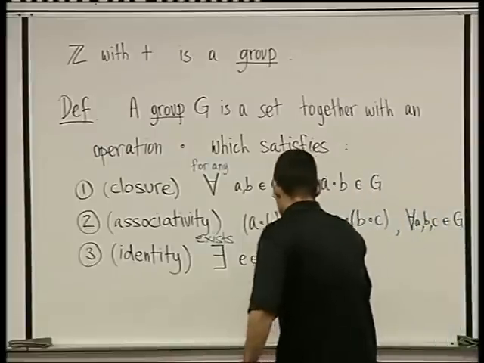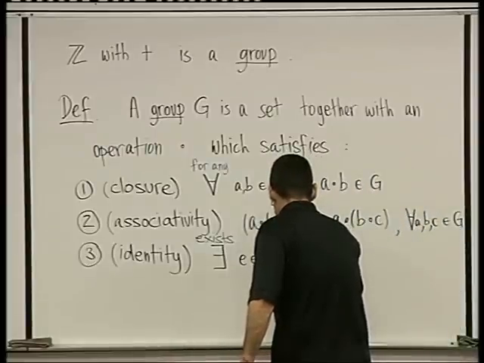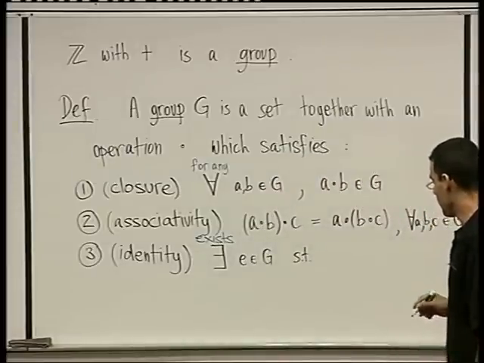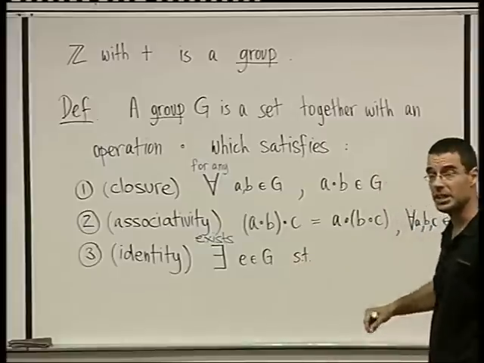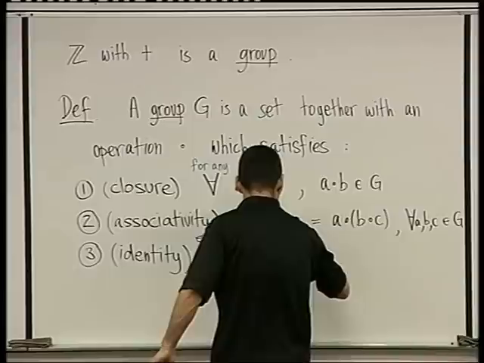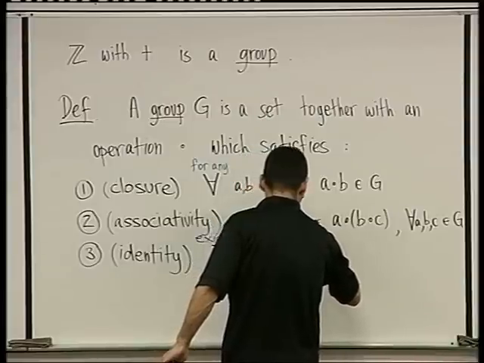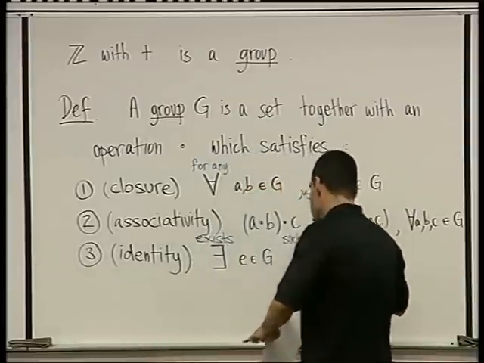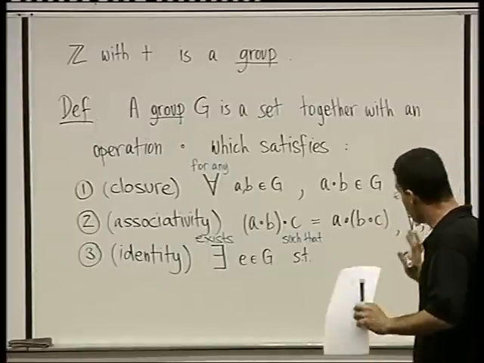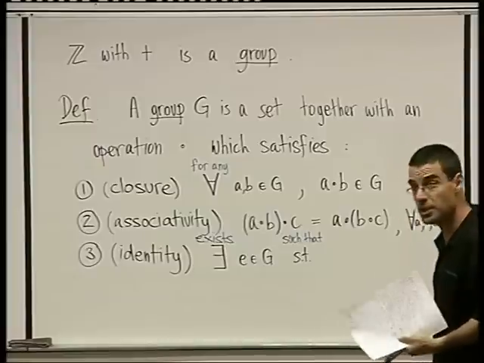Okay, so what does it mean? Such that, S.T. is a brief way of indicating such that. Yeah, I'll write it, such that. Okay, it takes time to get used to all these abbreviations and symbols, but that's part of establishing a language.